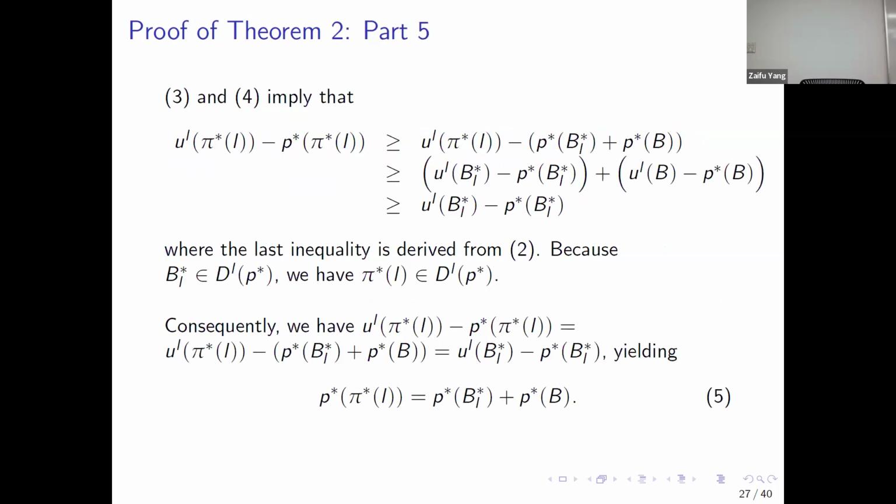So we consider whether it's optimal for bidder L to have this union of two bundles.